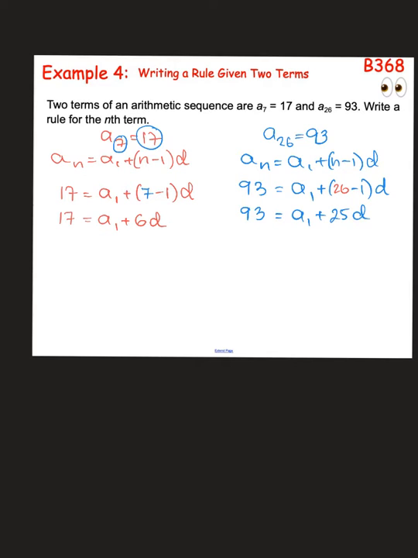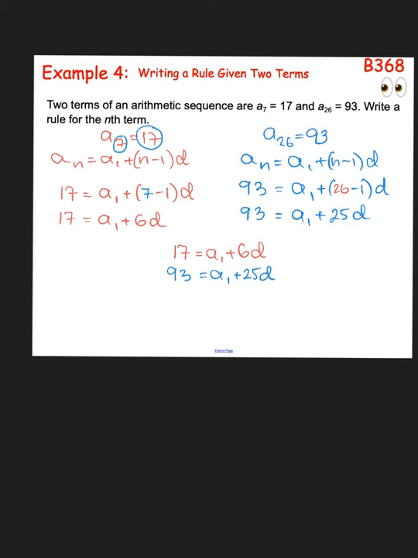I'm going to simplify the equation as 93 equals a sub 1 plus 25 times the common difference. As you can see, we ended up with two equations and two variables, so therefore we have a system of equations. So I will write the two equations under one another. 17 equals a sub 1 plus 6 times the common difference, and 93 equals a sub 1 plus 25 times the common difference.